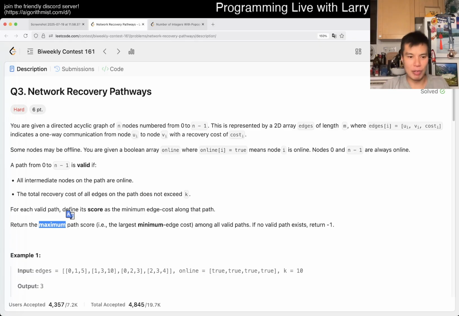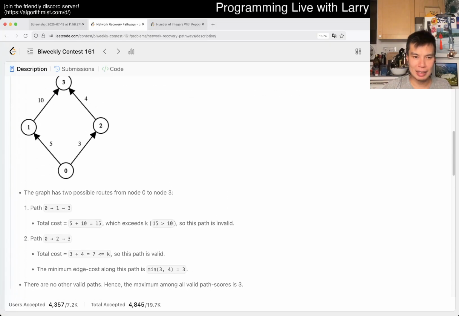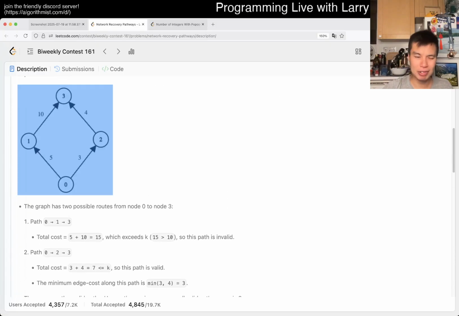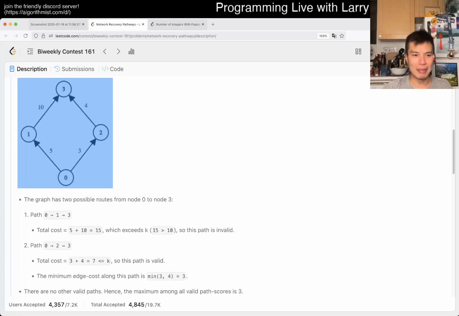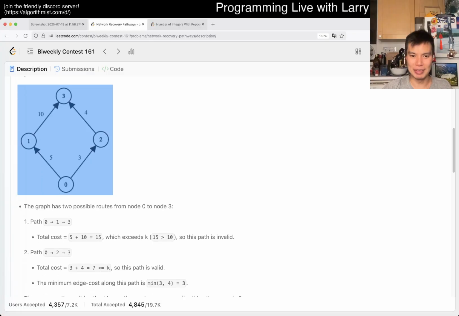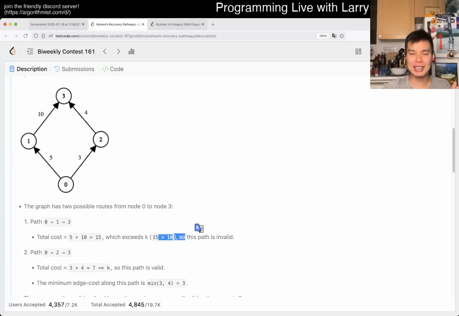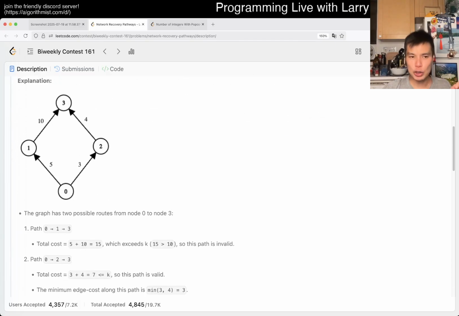For example, in this one, the shortest path will only go from 0, 2, and 3, and just ignore the left side. The cost is 15, and 15 is greater than 10, but let's pretend that K is 0 to infinity for now. For the two paths at node 3, the shortest path is going to be 7. You're going to not have this one, right?